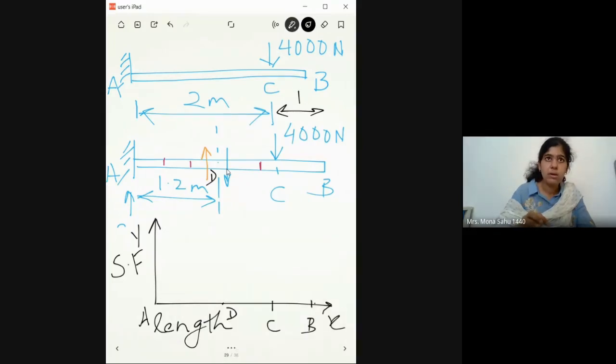At point C, 4,000 is the shear force. When I'm considering the B point, I am considering only the right side of the drawing. There's nothing on the right side, no other forces, so it's 0 here.